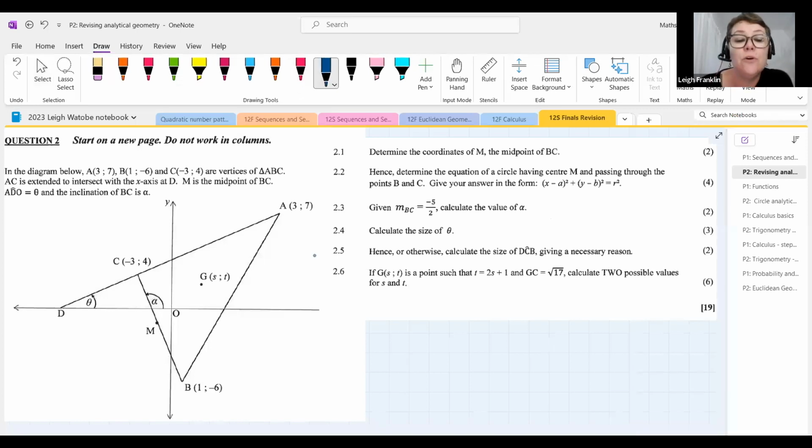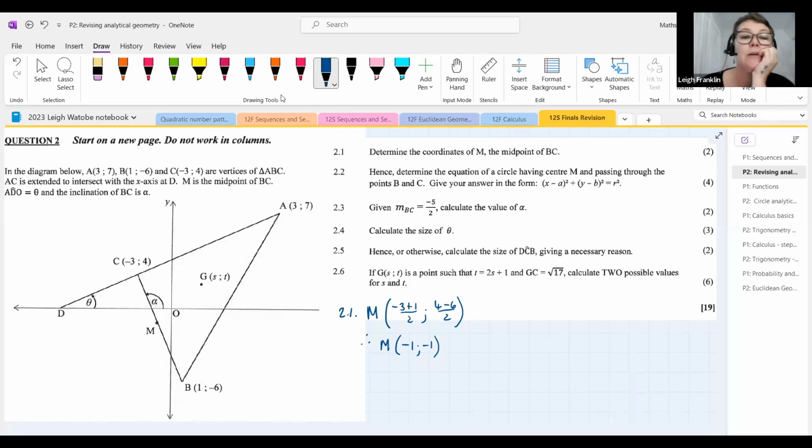So in 2.1, the coordinates of M: I'm going to sub in the coordinates of B and C. It would be (-3 + 1) over 2 for the X coordinate of M, and (4 + -6) over 2 for the Y coordinate of M. So at M, the coordinates are (-1; -1).